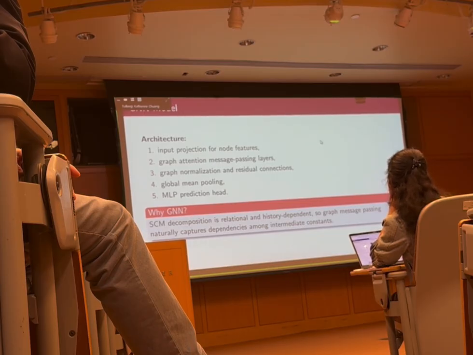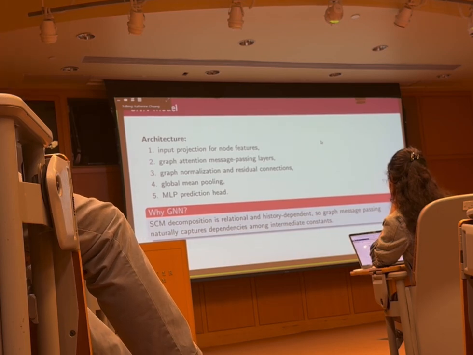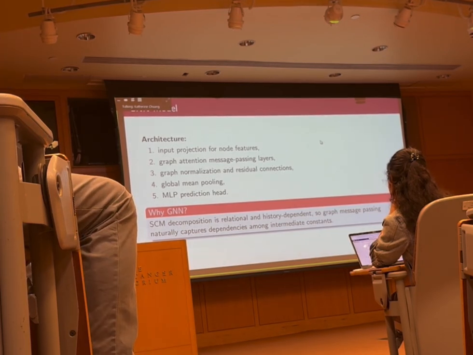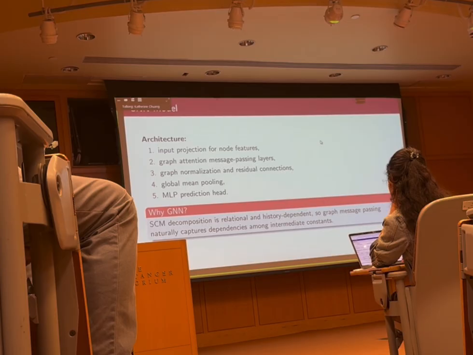After that, we realized that it is because GNN has an internal graph message passing mechanism, and it especially fits this problem because SCM decomposition is a relational and history dependent problem. So that makes GNN perfect for that problem.